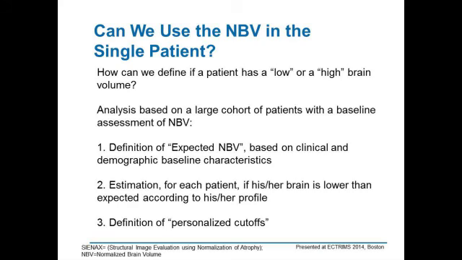But of course, patients with MS also have a volume of the brain depending on disease characteristics. So if we are able to define what is an expected volume of the brain, we can assess each patient as having a high or a low brain volume as compared to the expected volume. So let's go to some examples to better clarify this concept.